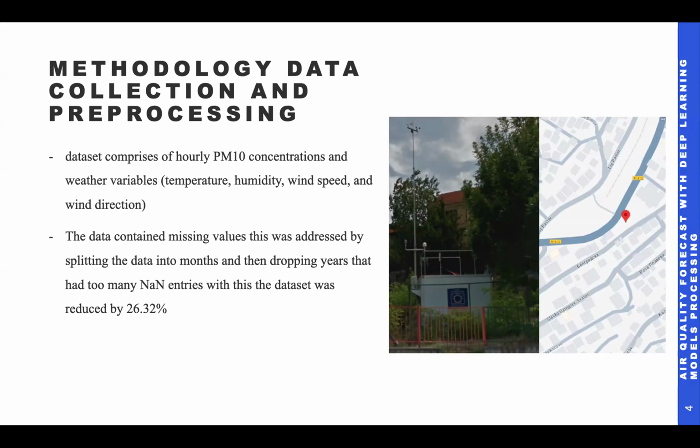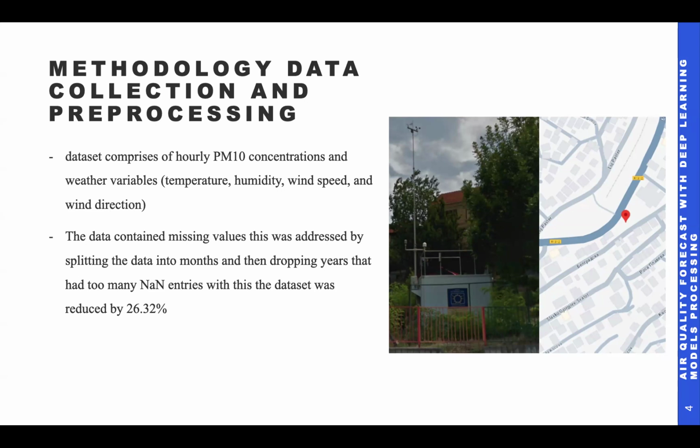We split this data by months, and then dropped years with too many NaN values, which are basically empty values. After cleaning the data, we lost about 26.32% of the original 19 years. And for training, we only kept January, since this was the month that had the least amount of missing values, and it would give us the most accurate results.